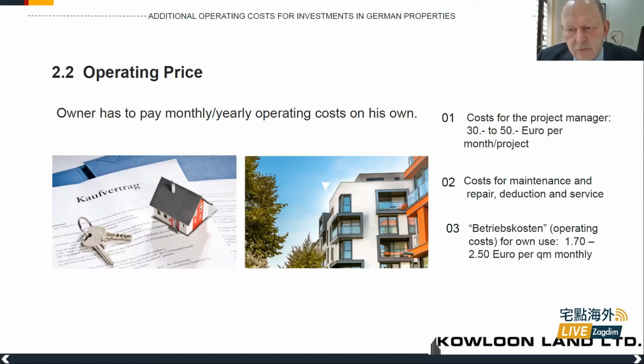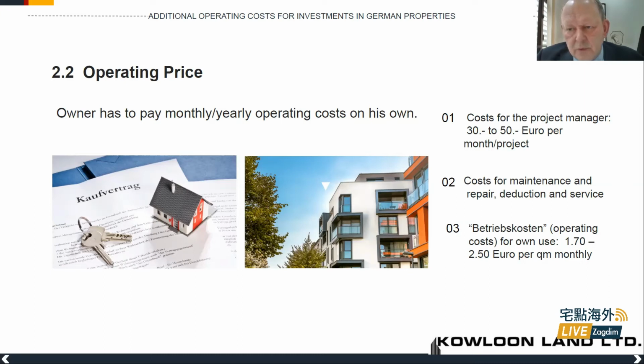As you know about the war in Ukraine, the energy costs in Europe have gone up a lot in the meanwhile. All these costs will be paid by the tenants if the investor does not use the property for their own use.